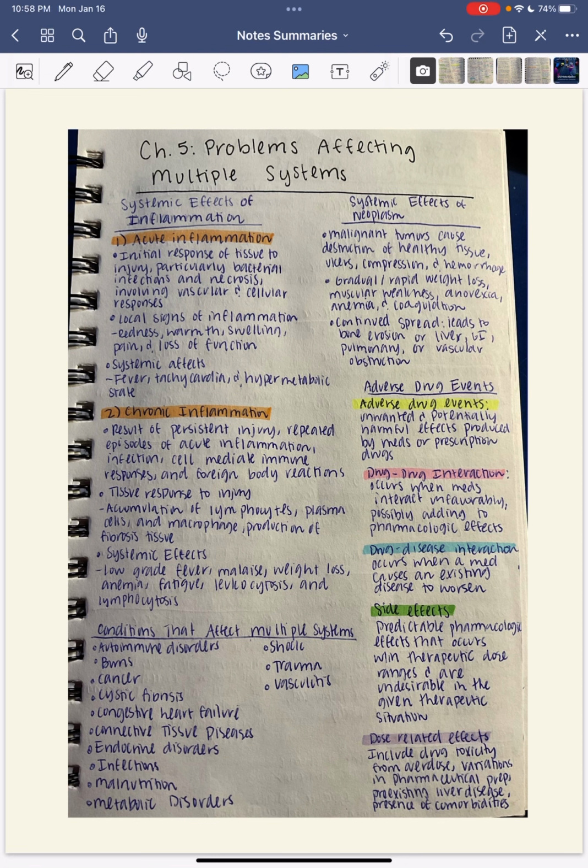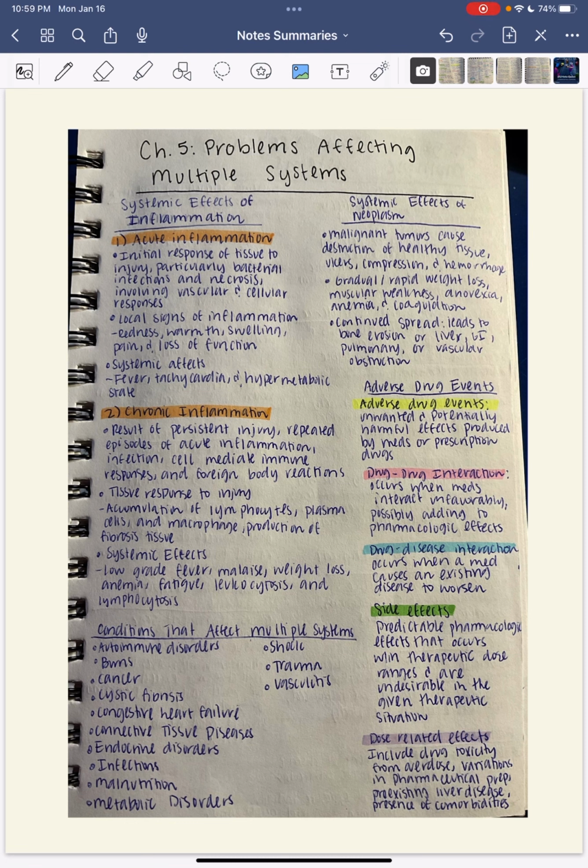Drug-disease interaction is when a medicine causes an existing disease to worsen. So you already have a disease and the medication is making it worse. Side effects are events that happen because of pharmacology or the drugs that we take, and they are very predictable. They happen within a certain dose that a person is going to take for a certain situation.